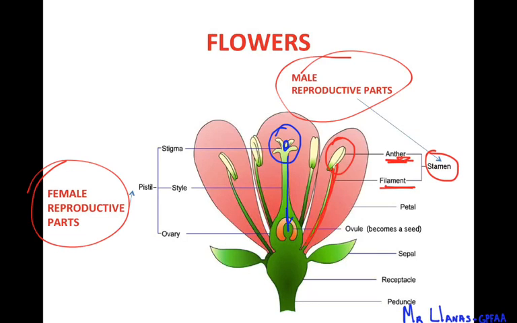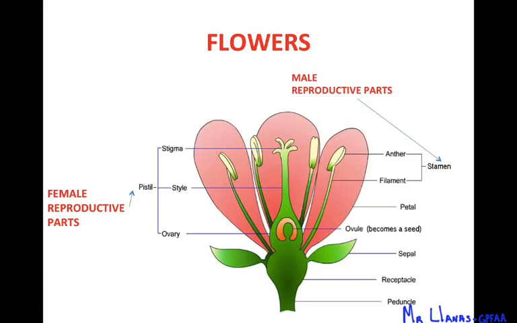So again, the pollen lands here on the stigma, and then it travels down to the ovary. It goes through the style, which is this area right here, and it lands on the ovary where it fertilizes the flower. Eventually, as the plant is reproducing, the ovary, this area right here, becomes the fruit of the flower.